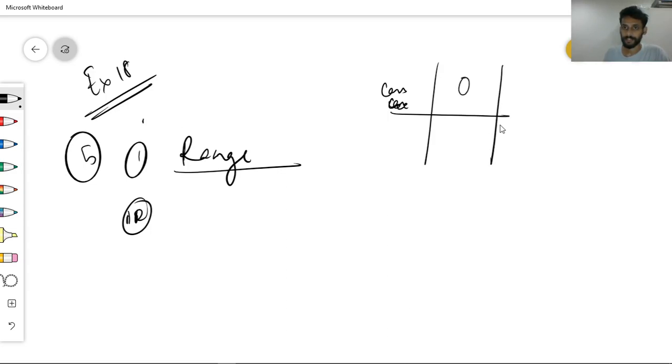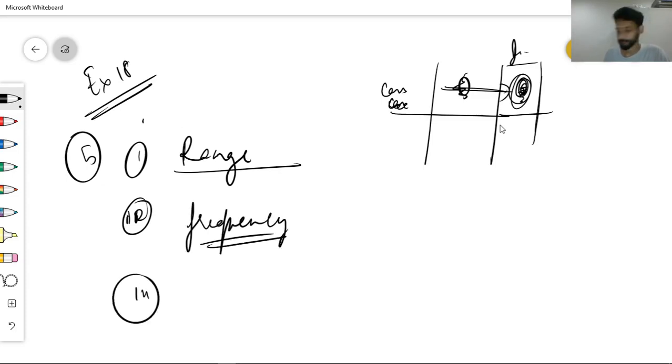Here there is data, and this is how many times the data is coming, that is called the frequency.